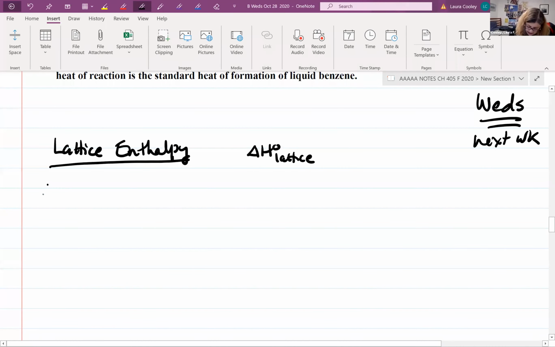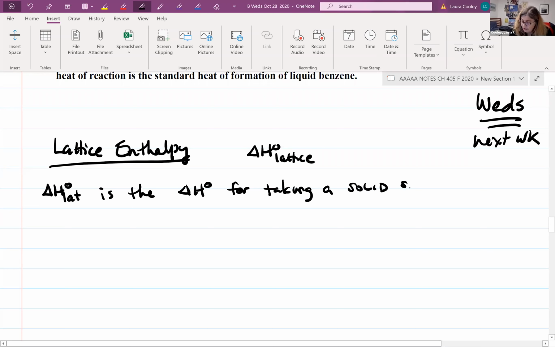So I define it, delta H lattice is the standard enthalpy change for taking a solid salt, so an ionic compound basically, and ripping it apart into gas phase ions.